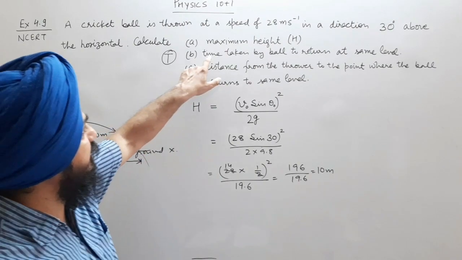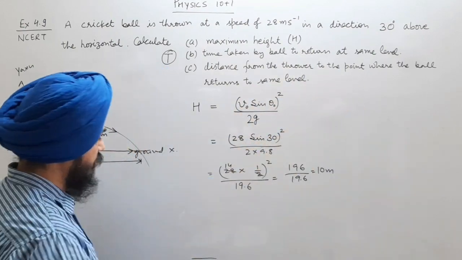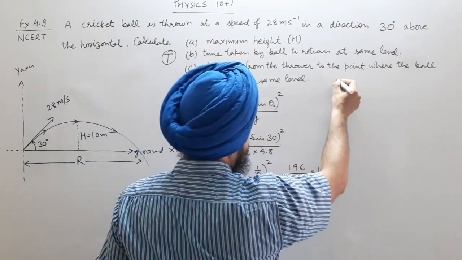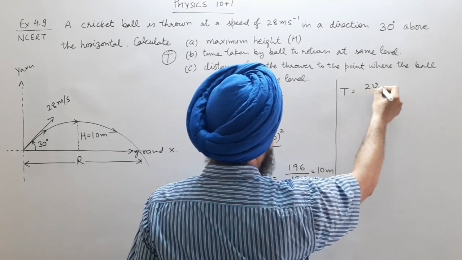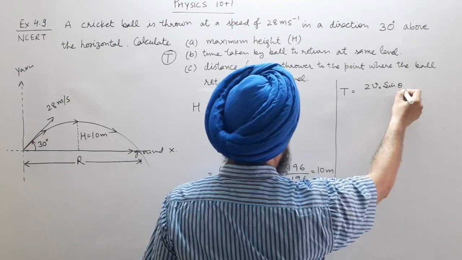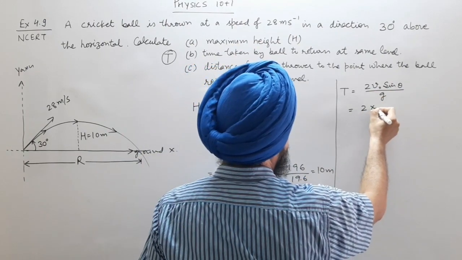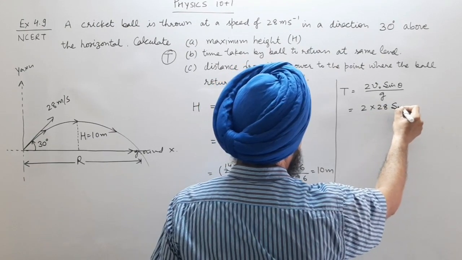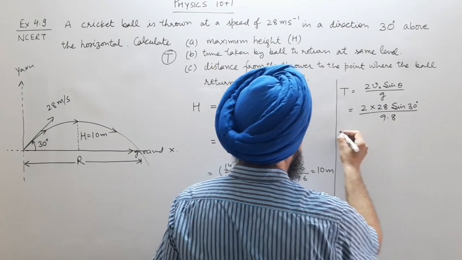Now we are going to find the time taken by the ball to return to the same level. So the formula is: time of flight is 2 v naught sine theta upon g. Putting the values, 2 times 28 sine 30 degree divided by 9.8.